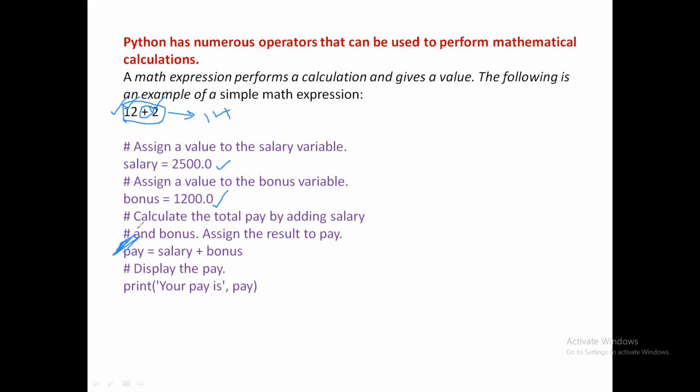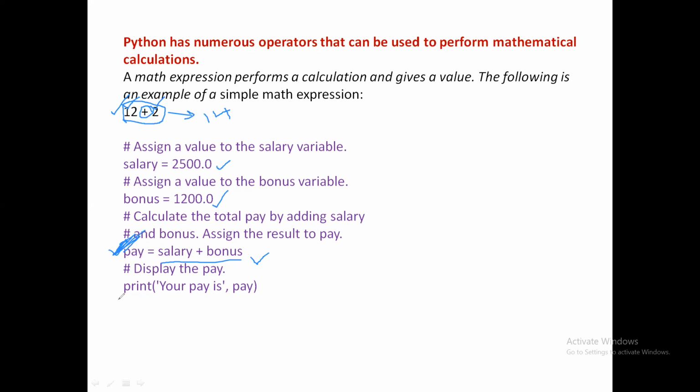And the pay of an employee is a sum of salary and bonus. So I'll use another variable, pay equals salary plus bonus. Okay, so this is simply going to be a sum of these two values, 2,500 plus 1,200, which becomes 3,700. That gets stored into pay.